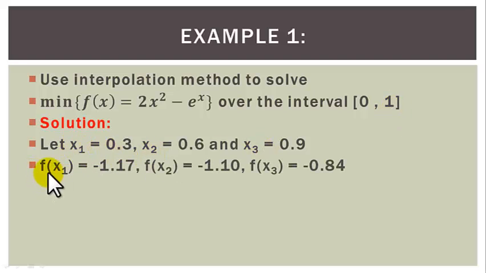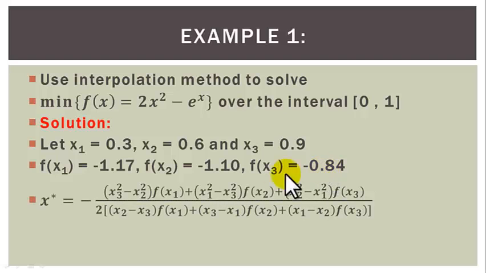At these 3 points, f of x1 is equal to minus 1.17. f of x2 is equal to minus 1.10. f of x3 is equal to minus 0.84. We recall the expression for our x star is equal to minus the whole of this.